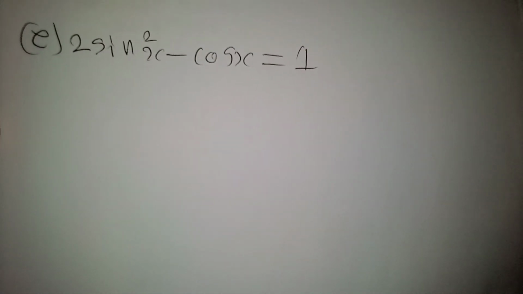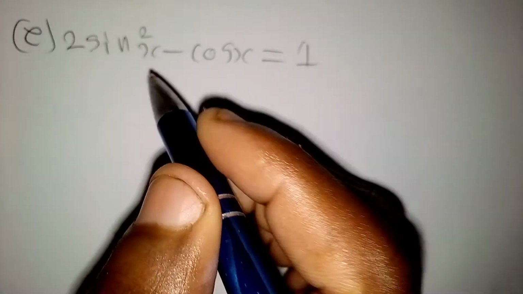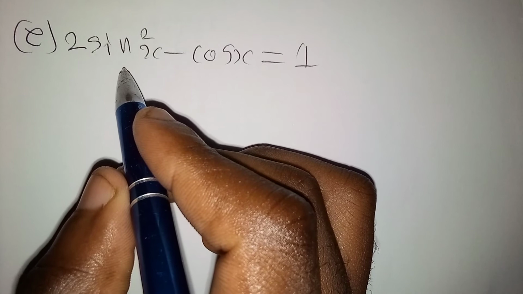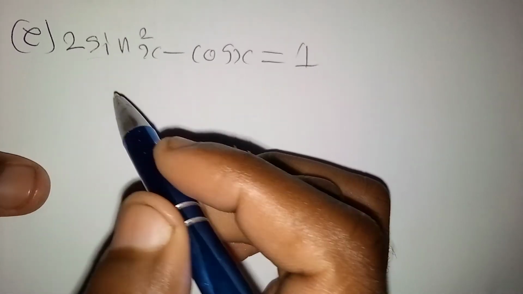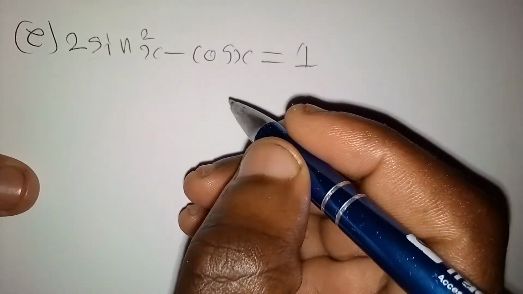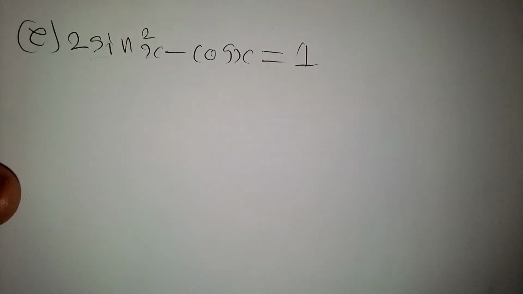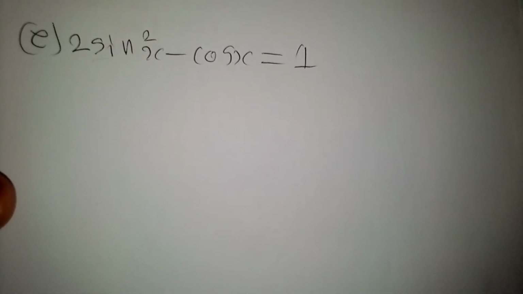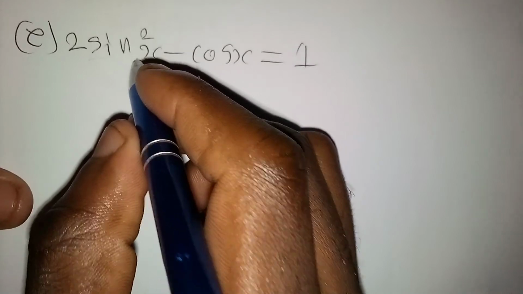So part E, since we have sine and cos, what we are going to do is use the identity to substitute, so that we can have only one trigonometric function. Okay, so that we can only work with one trigonometric function. So we have sine x and cos x.